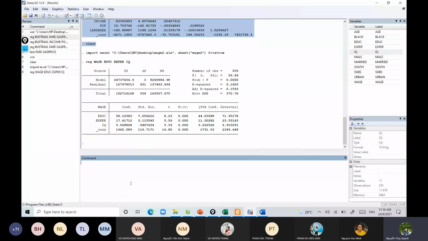Now help me to answer these questions. To test the following hypothesis: the effect of ASU on wage is greater than the effect of experience on wage at 5% level of significance.